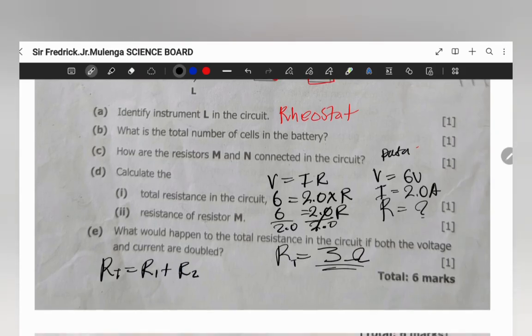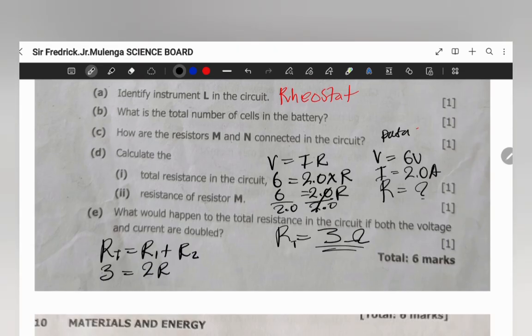We replace the total resistance with 3. So 3 is equal to R plus R, which is 2R. Then you divide by 2 both sides. You want to remain with R, so it will give you 1.5 ohms.